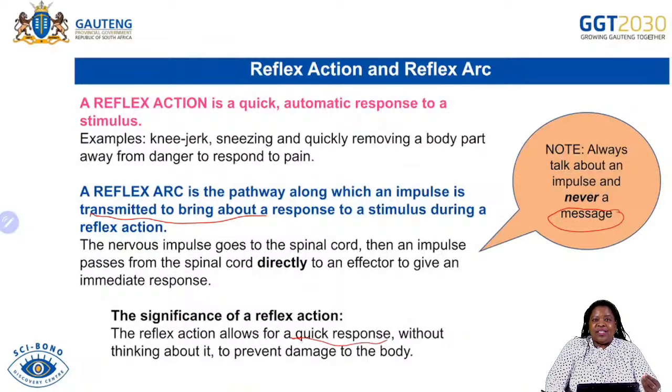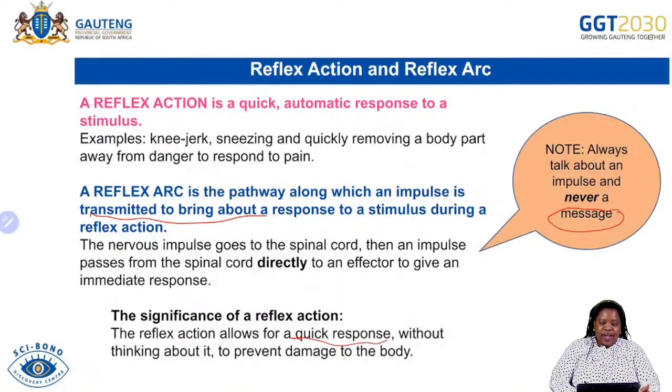Okay? We are sensitive to pain. What will happen if I slap you? Will you give me the other side? It's not easy. But you are going to react. You are going to react by removing your face where someone slaps you.